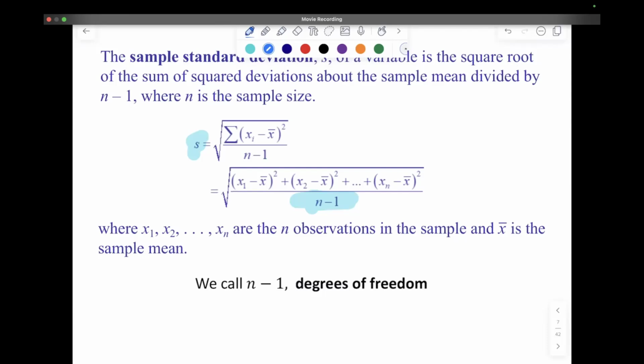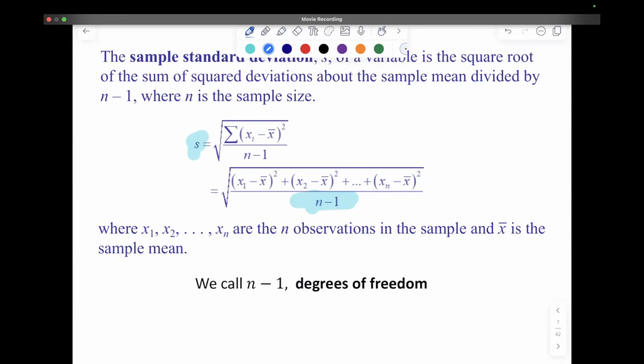My apologies if you're going to explain this, but why are we doing n minus 1 for the sample? Because there's so much variability in different samples, as we saw when we were taking sample means that every one of them was different.